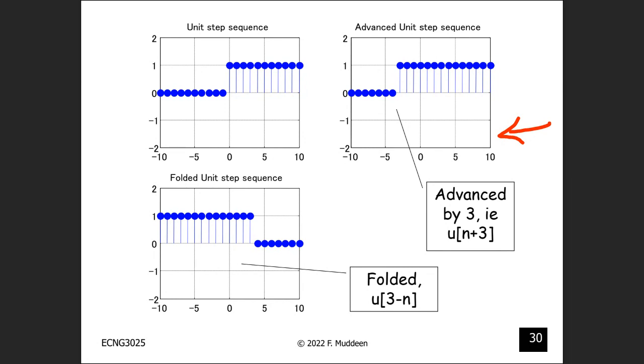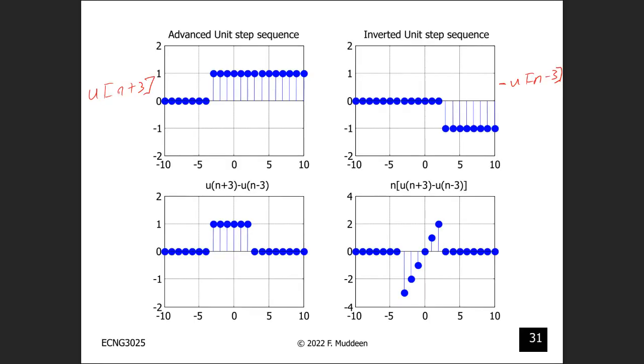And then I could flip it. So I could take this one and flip it around the axis, like when you're doing convolution, and you have the one at the bottom, right? And then I could invert the unit step sequence.